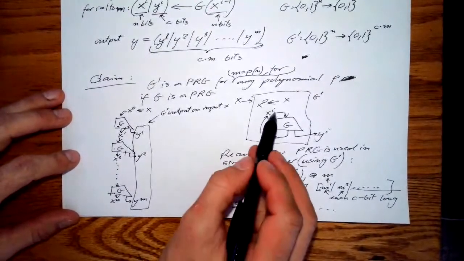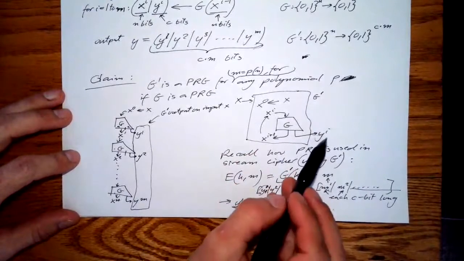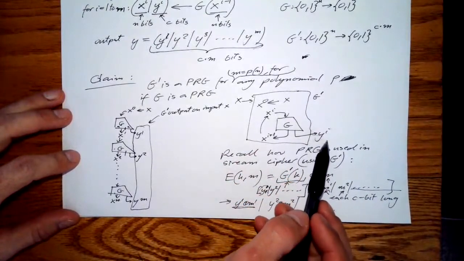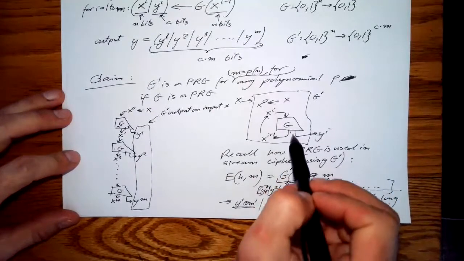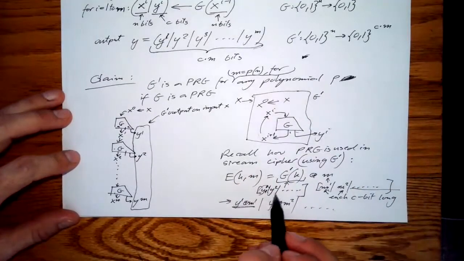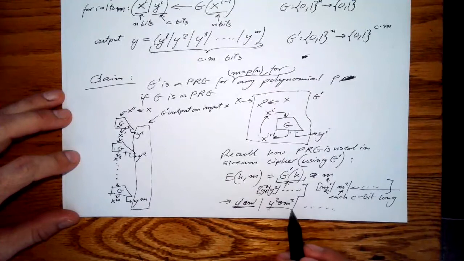It will also update its state and be ready to spit out the next C bits. So when I move to the second segment of the drive, which has C bits, I press the button here, and it spits out the next C bits. This is the y2. I use them to encrypt.